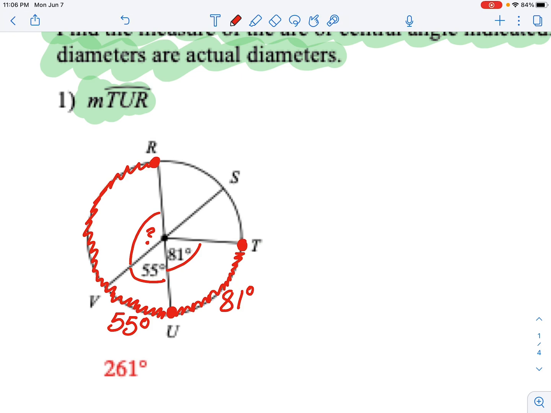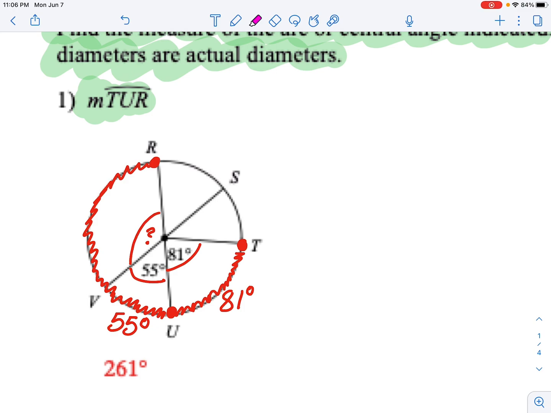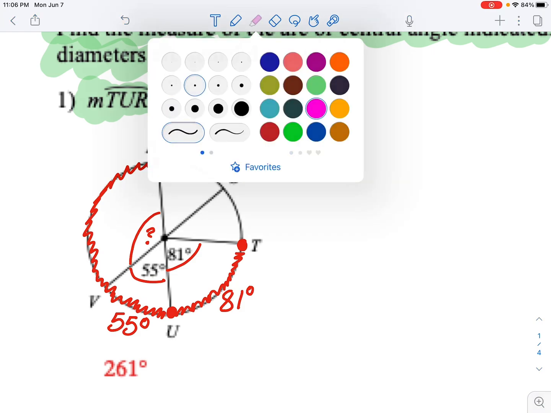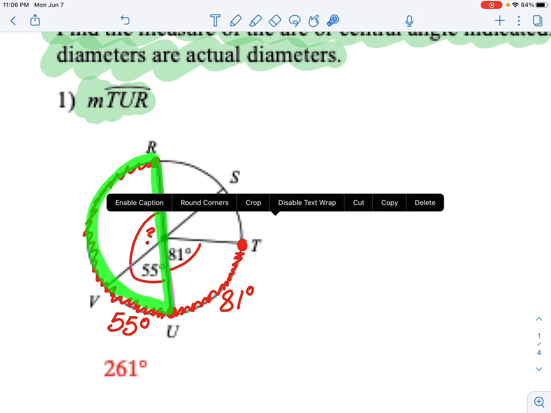Now, fortunately for us, we recognize that this right here creates a diameter and creates a semicircle, which is 180 degrees.